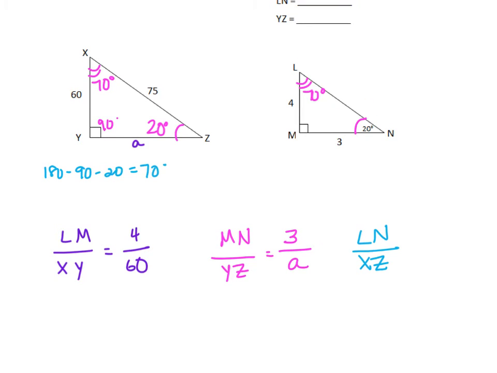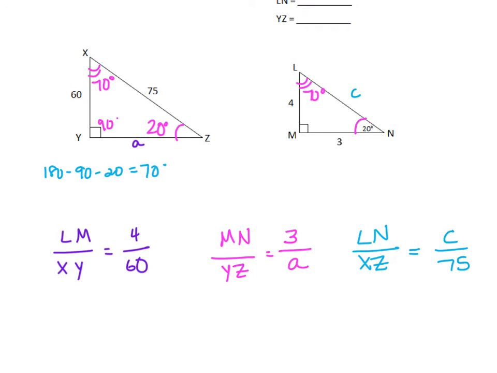Here's our LN and our XZ, and we'll fill in what we know. LN, we don't know what it is. XZ is 75, so maybe we can use, I would say a B, but sometimes that looks like a 6, so I'm going to use a C instead.